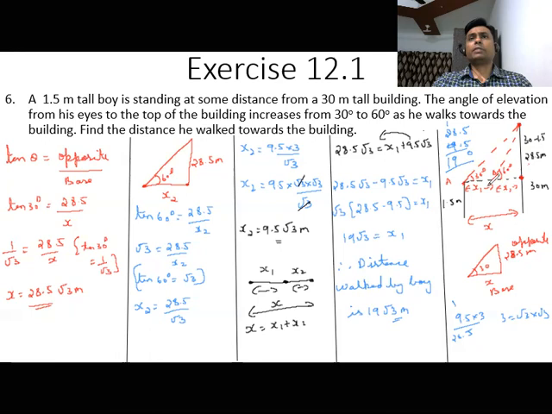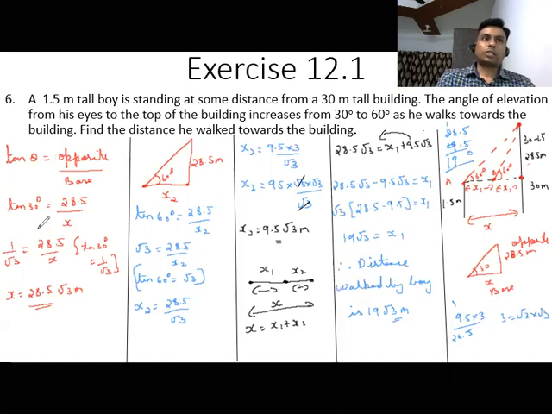First you draw the triangle with 30-degree angle. Now remember the boy's height is 1.5 meters, the tower is 30 meters, which means from the top of the boy's head to the top of the tower is only 28.5 meters. 30 minus 1.5, 28.5 meters. So opposite is 28.5 meters. The initial distance, that is the base. How to relate opposite and base?